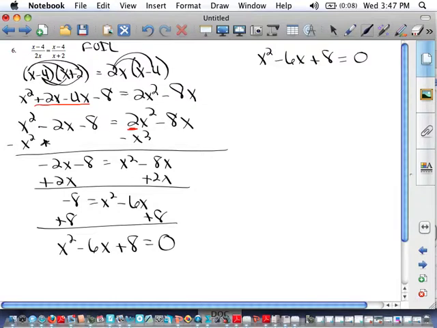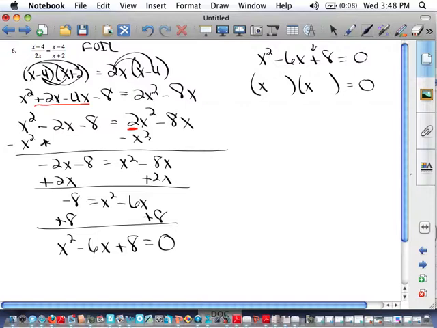This is an easy one to use guess and check with. So I have x squared. There's only one way for me to multiply two first terms together and get an x squared, and that's x times x. Now when I look, the sign on 8 is positive.